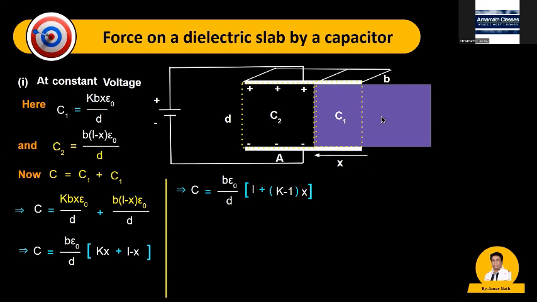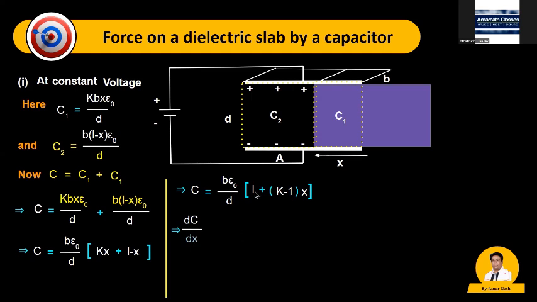As the dielectric slab goes inside the capacitor, its capacitance goes on increasing. It means C is varying with X, so it is differentiable. If I differentiate C with respect to X, dC upon dx, how the capacitance varies, that may also be a separate question for you.